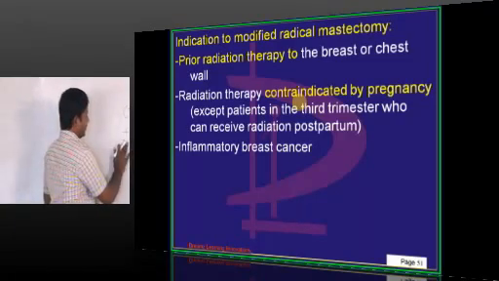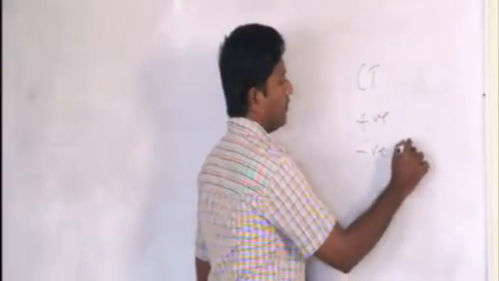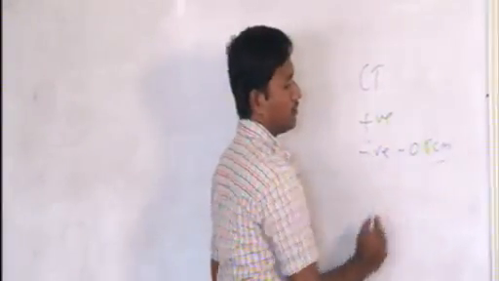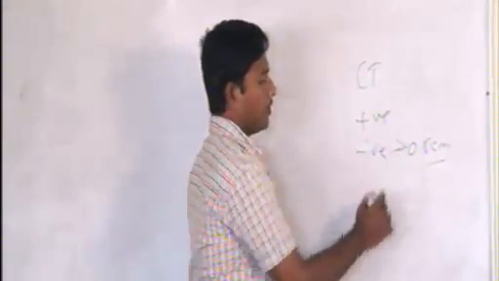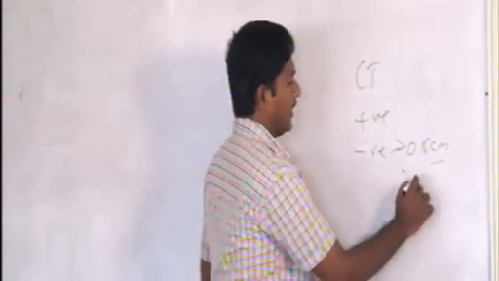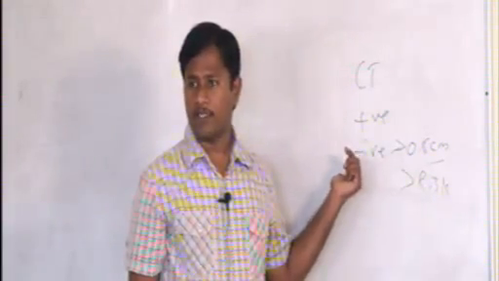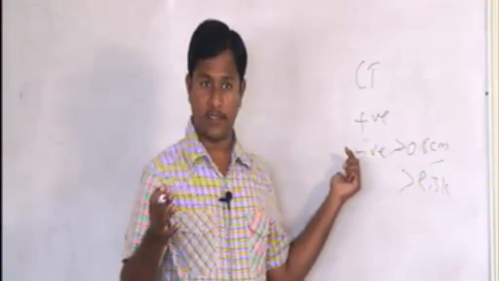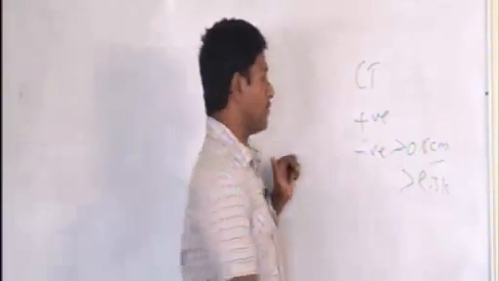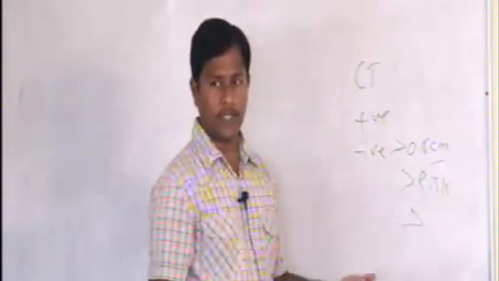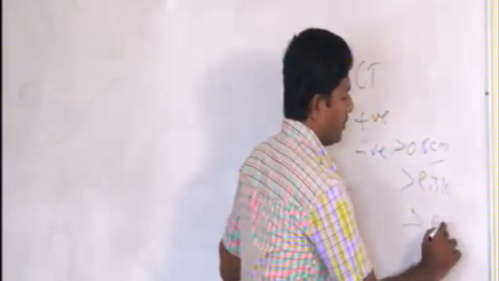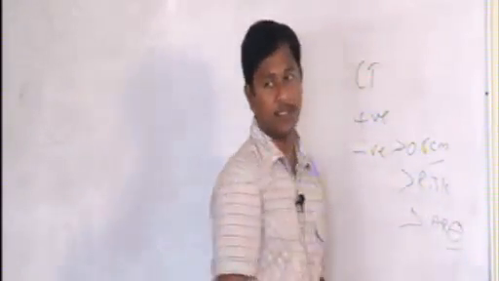So a positive node, negative node but more than 0.5 centimeter, negative node with greater risk. See, higher risk of malignancies with negative node, still there is a chance, so you have to give. Negative node with hormonal receptor negativity.